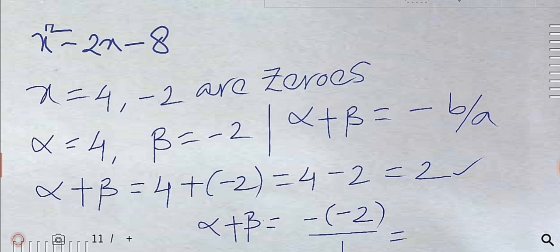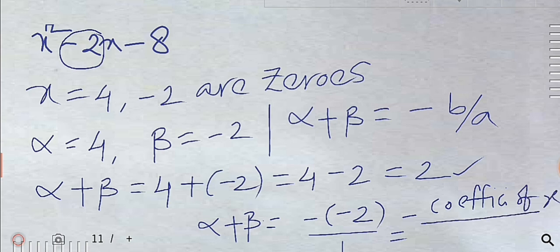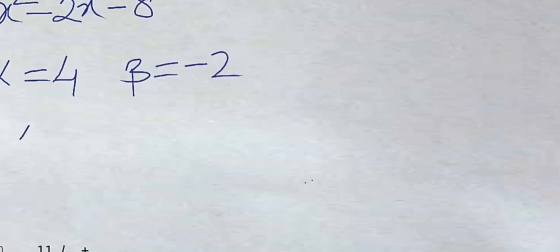Now what is minus 2 here? Coefficient of x. By what is 1 here? Coefficient of x square. Let us see the product of zeros here.